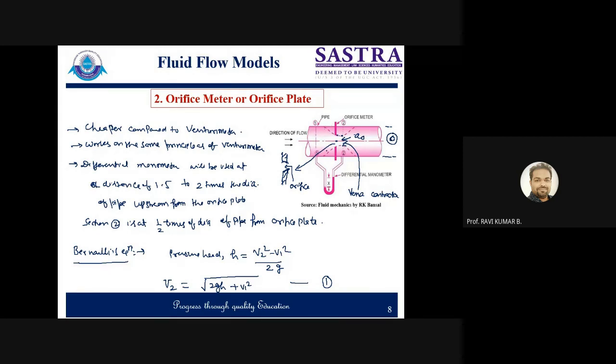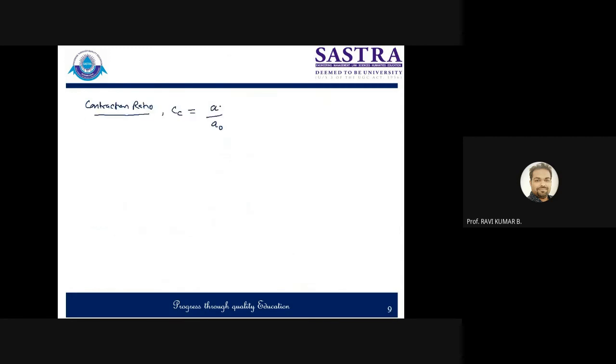So this is the initial thing. This is the vena contracta, and this area is again becoming the pipe diameter, right? As we are talking about the velocity 2, we need to consider the area of this divided by the area of vena contracta as our contraction ratio, right? So we can write this as area at 2 divided by the area at vena contracta. So from here we can say that area at section 2 is nothing but contraction ratio into area of vena contracta. This is equation number 2.